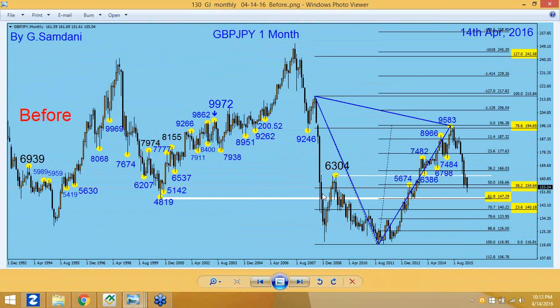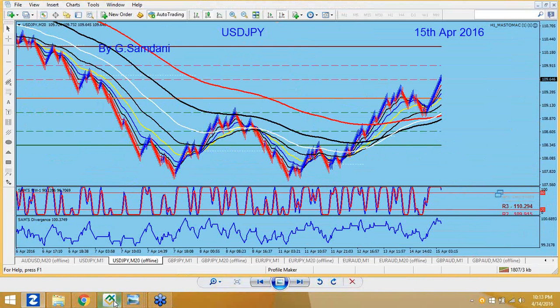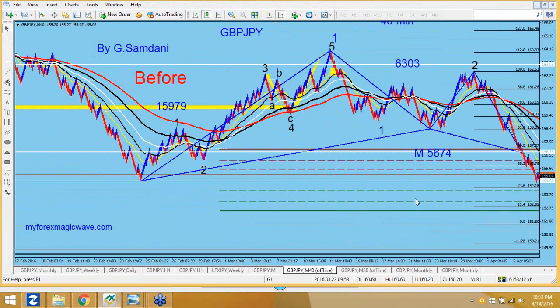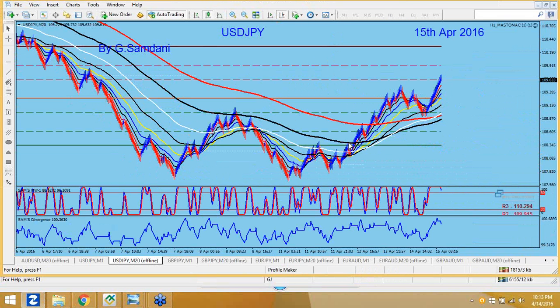You see that here. Okay, so this one, you see this long. So if this is how far we need to go, then we're probably gonna end up here. Easy. All right, that is a big possibility. So let's see what happened, and I just showed you. And now, if you keep this in mind, 1, 2, 3, 4, 5, followed by wave A at least, look at the USD yen, what it is doing.